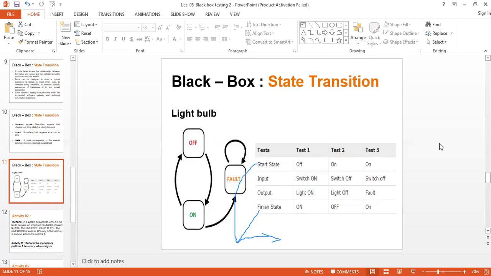Okay, so that is the state transition diagram. ගැටලු තියෙනවද මොනවා හරි?